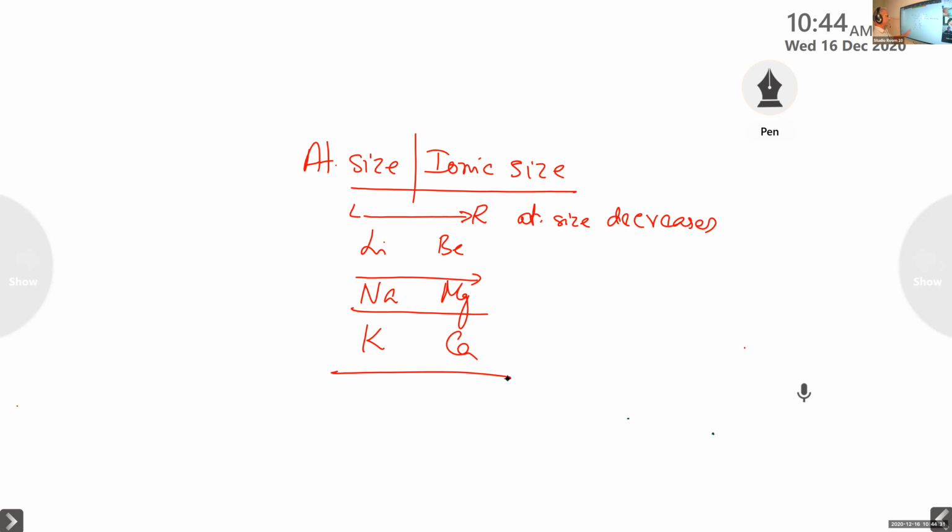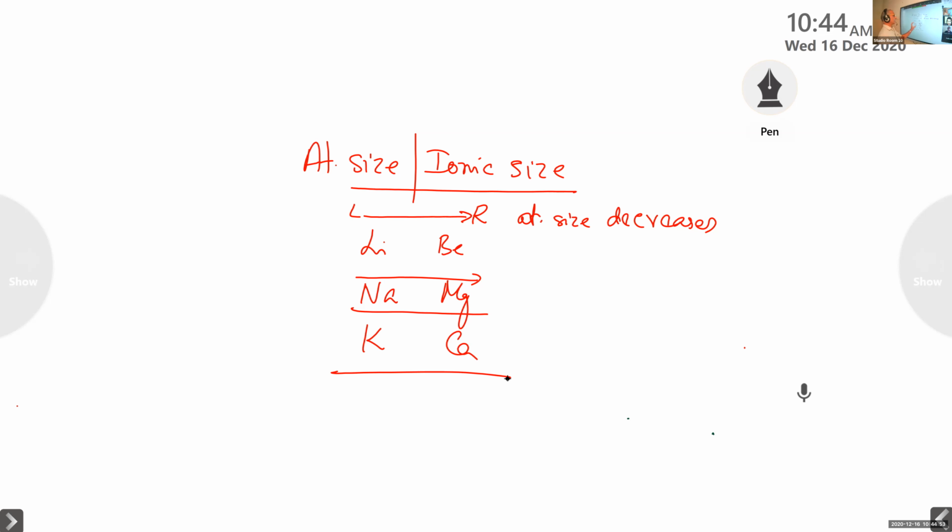That can be applied here also. The alkaline earth metals are smaller than the corresponding alkali metals. The reason is this: in the alkaline earth metals, the atomic number is more than that of the corresponding alkali metals, and there will be more effective nuclear charge.